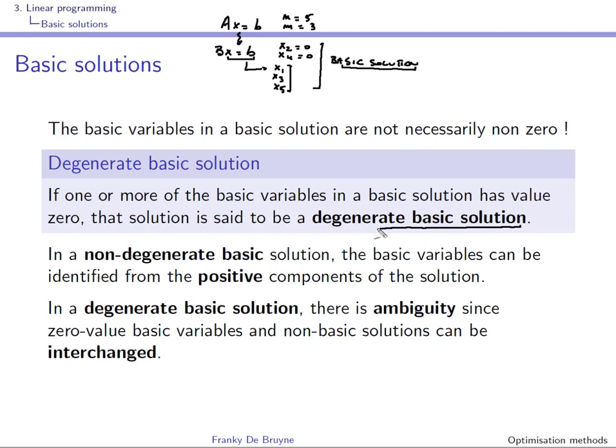So in a degenerate basic solution, you have more than n minus m variables that are 0, and it's difficult to know which variable is a basic variable.